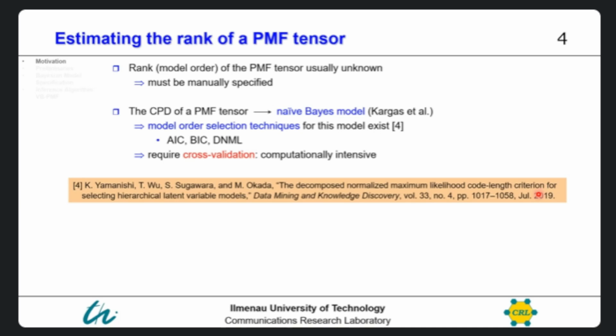Then we have a recent technique proposed in reference 4, called the decomposed normalized maximum likelihood approach. These three techniques basically compromise between how well the model fits the data and how complex the model is. They try to balance the two considerations.